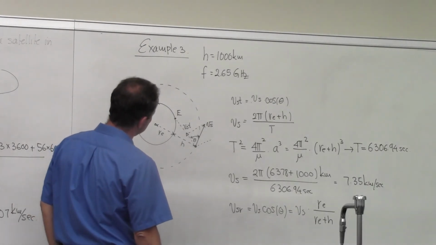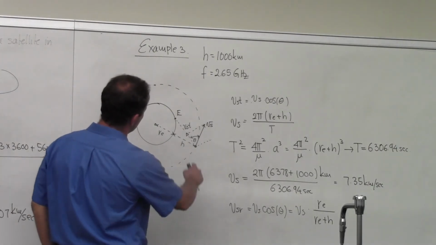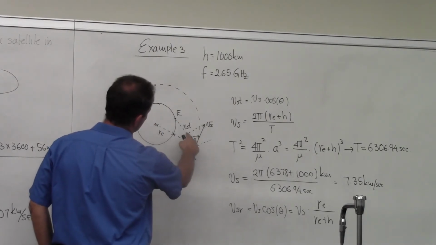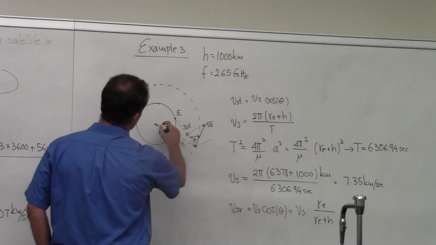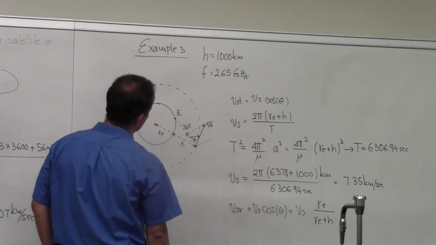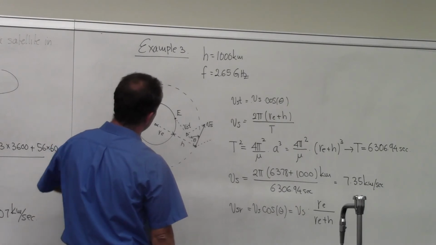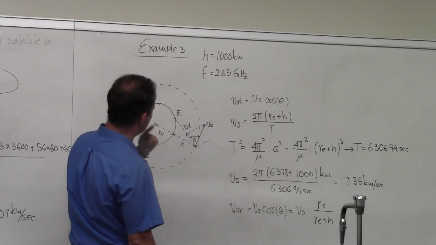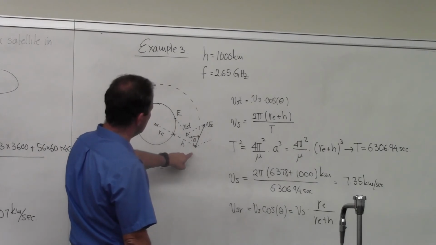Well, cosine of this angle, this and this is normal, and this. I kind of drew this in a general case, but when is this velocity largest?